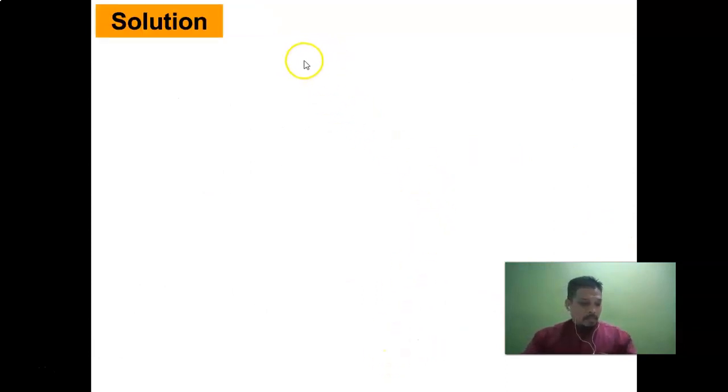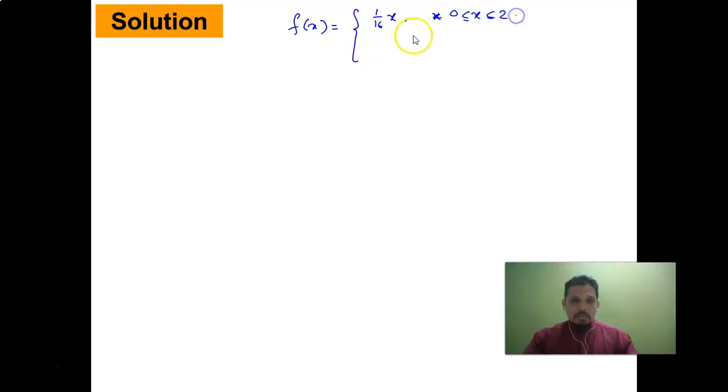Now let's rewrite the function f(x) as our reference here, which is 1 over 16 x for x lying between 0 until 2, 1 over 8 for x between 2 until 9, and 0 otherwise.